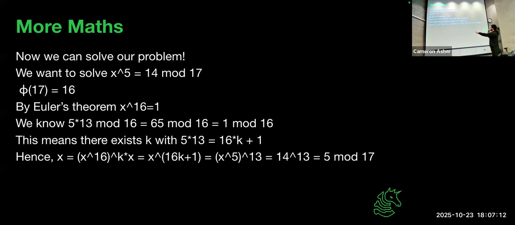So x to the 16 will always be 1, and x to the 16k plus 1 will be equal to x to the 5 to the 13. We already know x to the 5 is 14. So that means that x will be 14 to the 13. And since we can calculate powers mod n, we can compute that to be 5 mod 17.